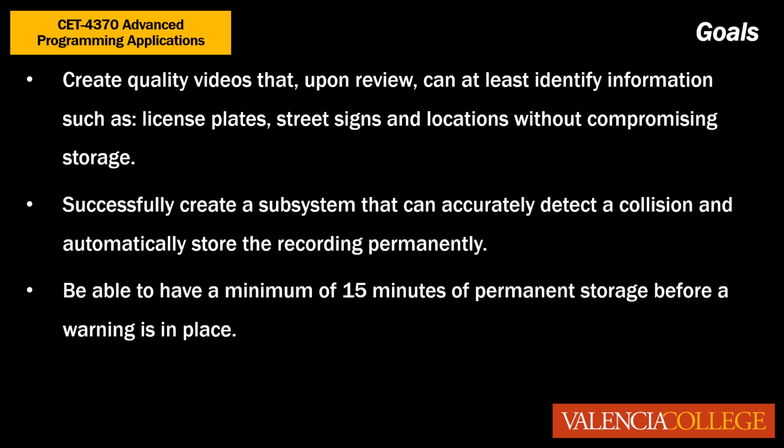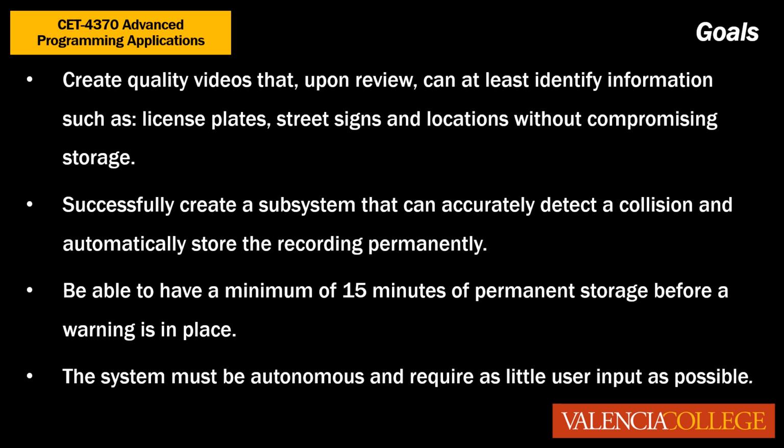The system should also have a minimum of 15 minutes of permanent storage. Collisions often happen within minutes or seconds, so I think 15 minutes is quite a good threshold to hit for the permanent storage. When you have a collision, you will directly want to put that information into a separate hard drive so you have it. So that's a given for this project basically.